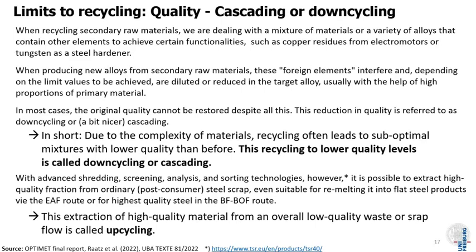So the primary steel is often used for sheet metals to turn them into cars or washing machines, and the end-of-life scrap from these products is remelted and turned into long products like I-beams or concrete reinforcement bars that have a higher tolerance against impurities from the recycling process, especially copper or tin as so-called tramp elements.